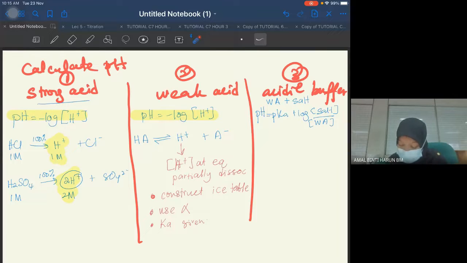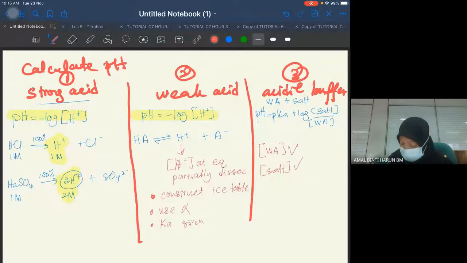Okay, dan situasi yang terakhir masih soalan tanya kira pH, tapi solution yang kita nak kira pH dia terdiri daripada weak acid dan salt. Okay. So apa yang kita perlu buat kat sini, kita mesti betul-betul identify the concentration of weak acid and concentration of the salt.